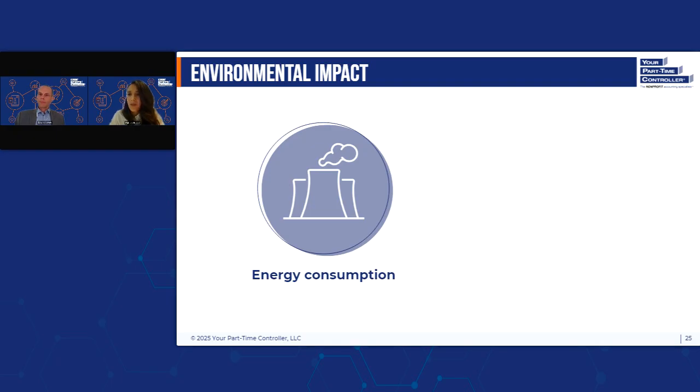As an example, you may have seen in the news that the nuclear plant on Three Mile Island in Pennsylvania, which has been closed since 2019, will reopen in 2028 to provide power exclusively for data centers for the next 20 years. These data centers will consume the plant's entire output, using enough electricity to power about 800,000 homes. So clearly, AI is having a rapid and dramatic impact on electrical energy production and consumption.